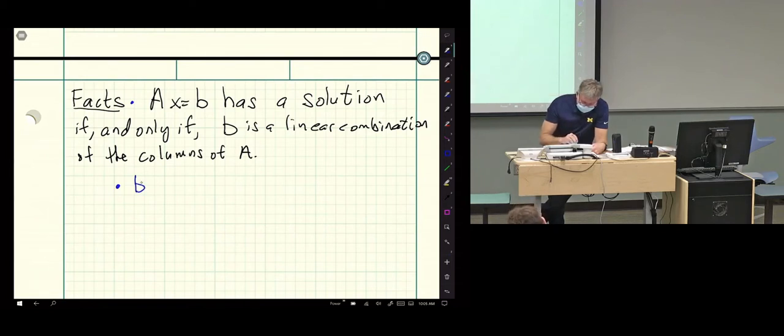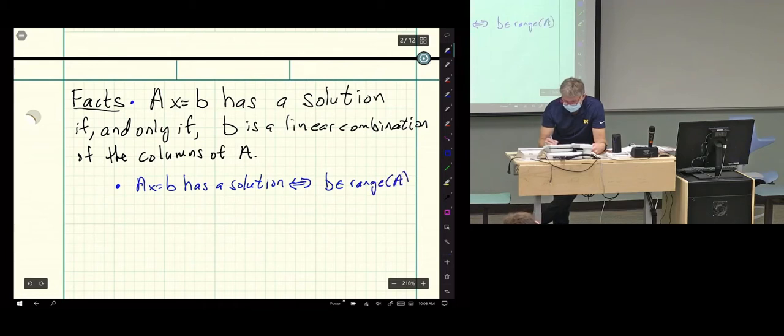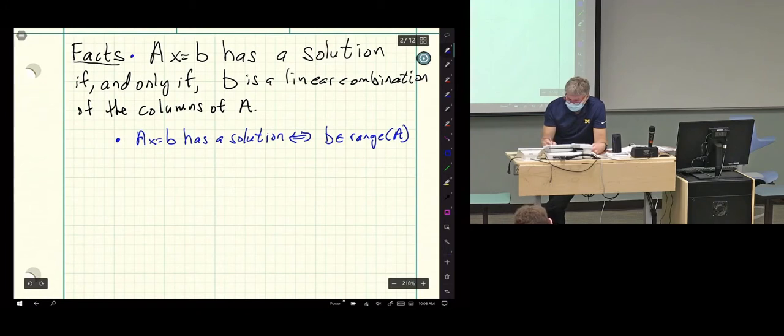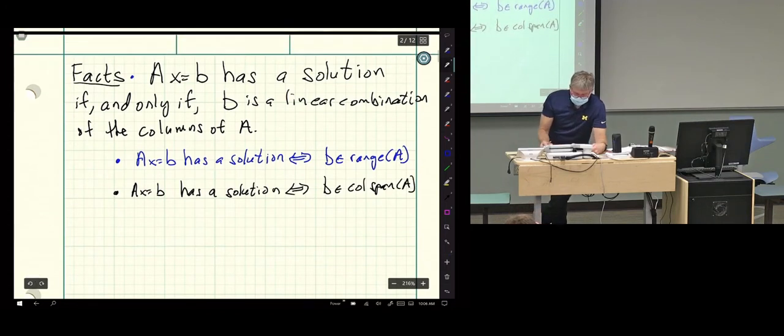We have another condition: Ax equals b has a solution, and I'll write it if and only if with the double arrow, b was in the range of A. Then the last one we have was Ax equals b has a solution if and only if b is in the column span of A. So that's really just a restatement of the first one.